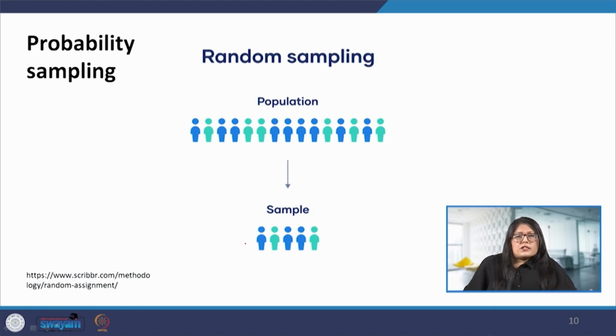We can understand this with an example. If we require a simple random sample of students in the mess to see the quality of food, then we can assign a number to every student in the database from 1 to, for example, 800, and then use a random generator to select 100 students for their feedback.